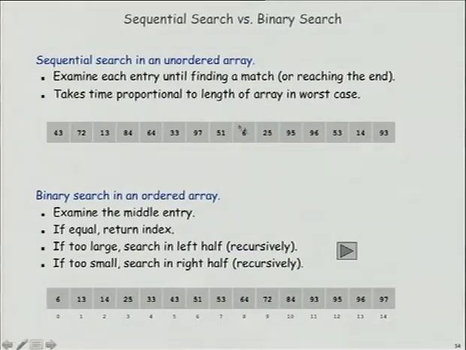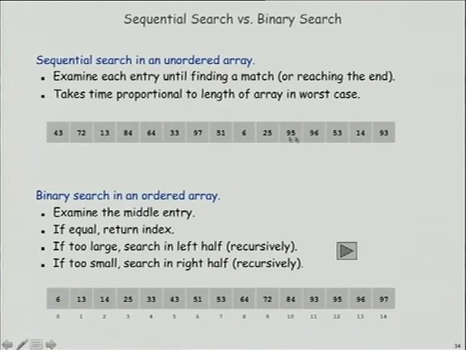Let's look at the easiest example. I give you a couple of numbers like these. It's an unordered array, and then I tell you, go and find for me this particular number. Say I'm looking for the number 42. Is 43 42? No. Is 72 42? No. Is 13 42? Is 84 42?